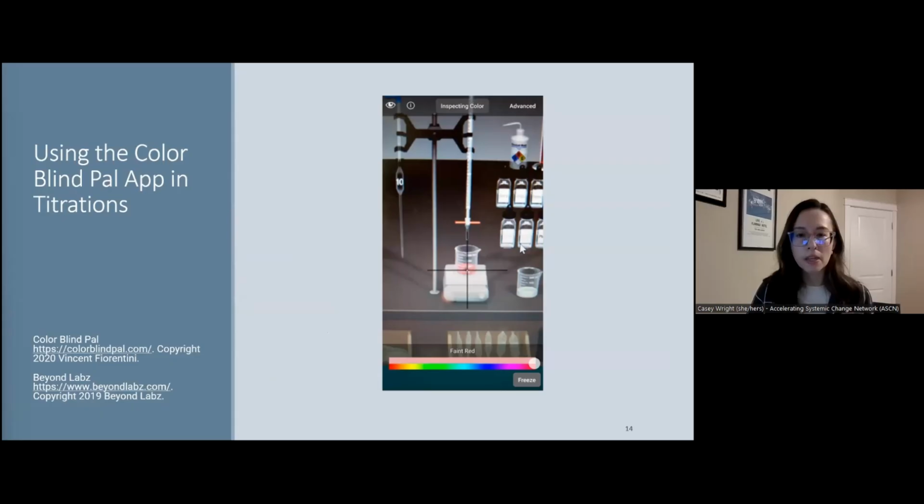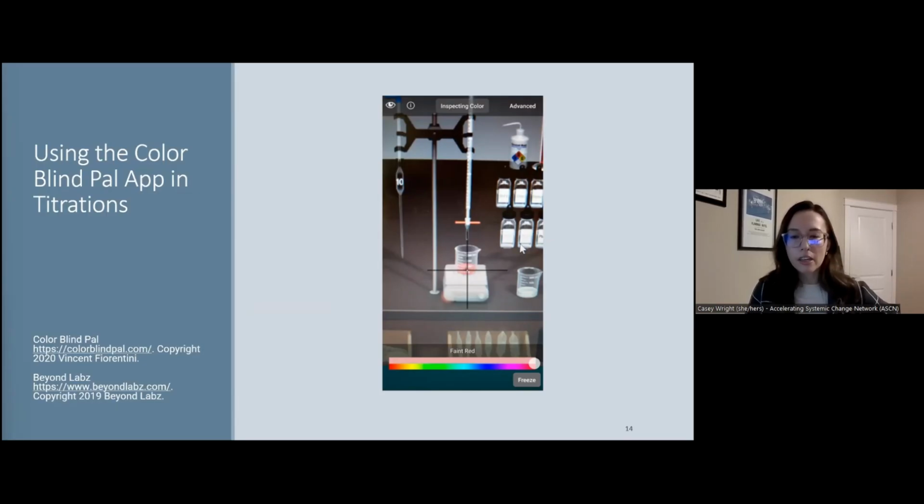And so again, when we had students use the app, we were having them use it to look for when the color was changing, and the app allowed students to determine when the endpoint had been reached based on that color change. And so for example, in the image I have here, we've got a very classic titration setup. We've got the burette, we've got the stir plate, and a beaker on that stir plate with some hydrochloric acid in it that's being titrated.